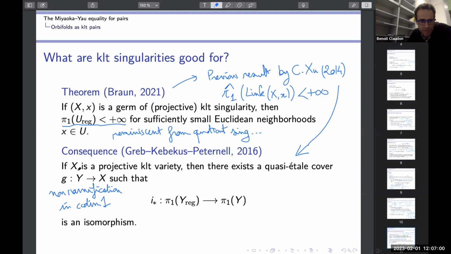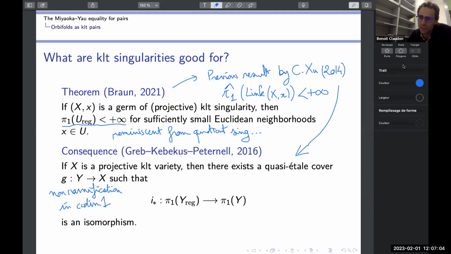And this Y has this wonderful property that you can compare the pi1 of the regular part of Y and the pi1 of Y itself. But of course, this is not a complete statement. You have to put a hat everywhere. So the profinite completion of the pi1 of Y is the same as the profinite completion of the pi1 of the whole space.